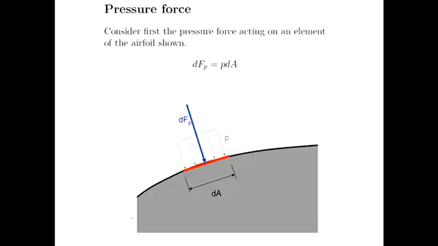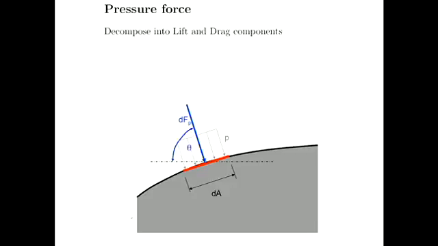Then I could decompose that elemental force into a lift and a drag component. I could write that the component of lift acting on this element, which I'm calling dLP, lift due to pressure, is just equal to minus dFP, which is minus P dA multiplied by sine theta, okay?